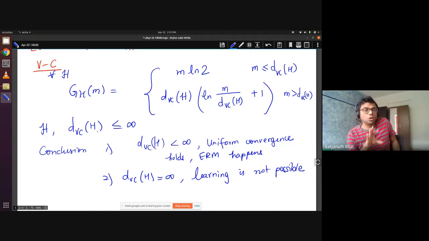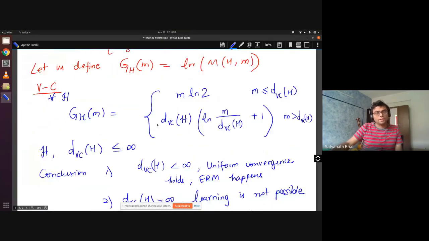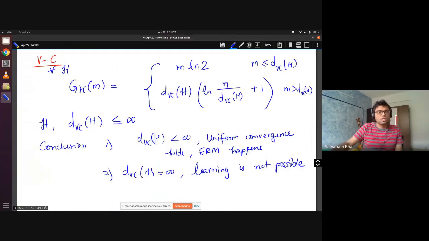And I may ask you to compute the VC dimension for several different types of hypotheses. That is the nature of question you can expect. I will not ask anything which requires too much knowledge about Hoeffding and manipulating these kinds of things, which is very difficult to do. Given that this is a fundamental, first course in machine learning, we cannot go to that level.